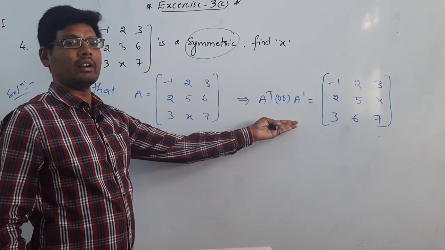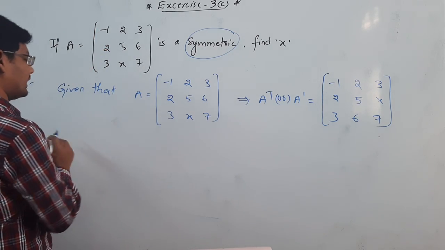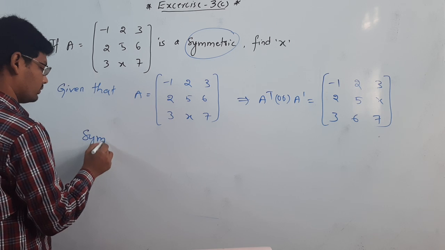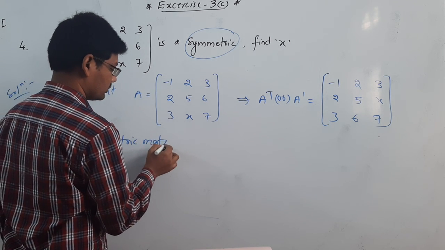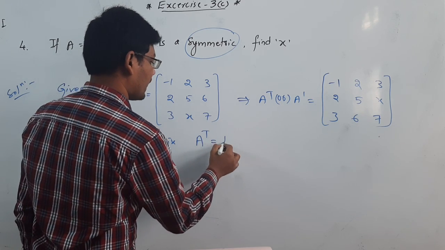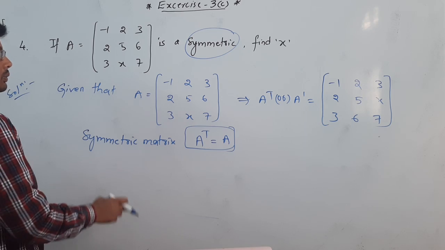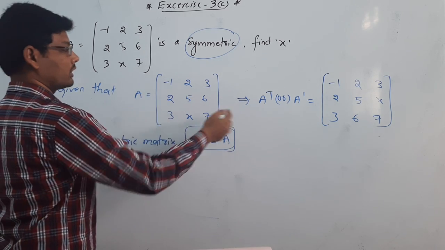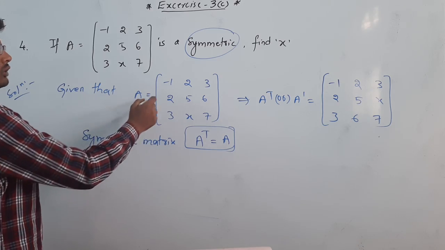Now this is the value of A transpose. The symmetric condition: a symmetric matrix is nothing but A transpose equal to A. If A transpose is equal to A, compare the corresponding elements of these two matrices.